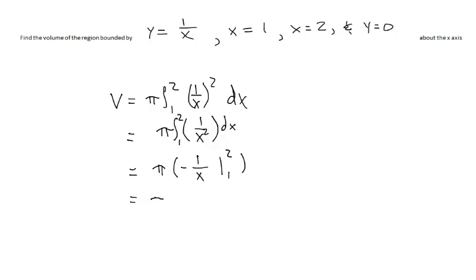And now we're going to evaluate it. So we have negative 1 over 2 minus a negative 1 over 1. So we have negative 1/2 minus a negative 1 gives us positive 1/2, and 1/2 times pi gives us pi over 2 units cubed, because it's volume.